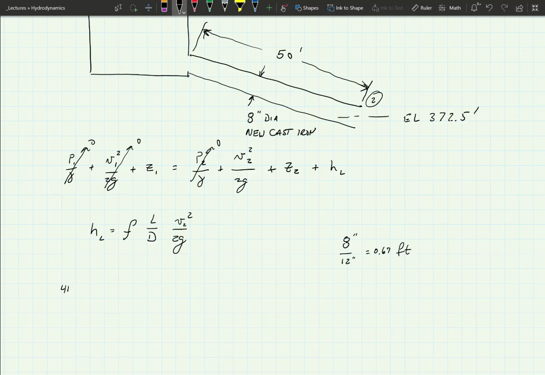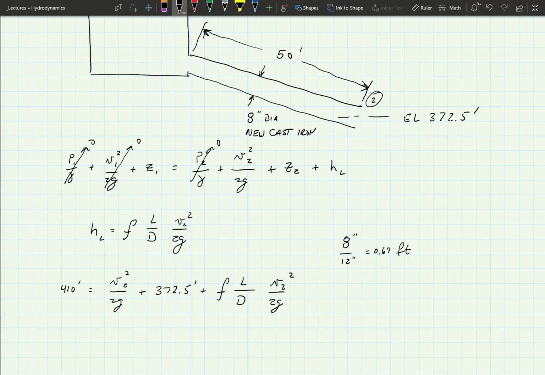So 410 feet is equal to velocity 2 squared over 2g plus Z2, which is 372.5 feet, plus the friction, the L, D, V2 squared over 2g. Okay. Fortunately, you're just going to wind up with a couple extra V's in there, but we can manage this trick.